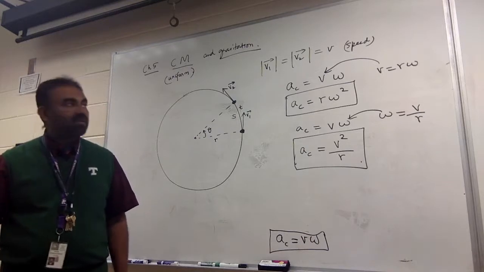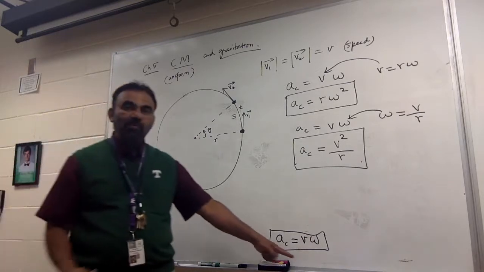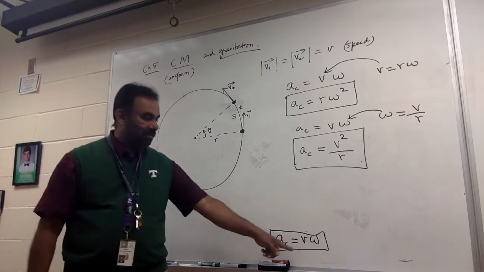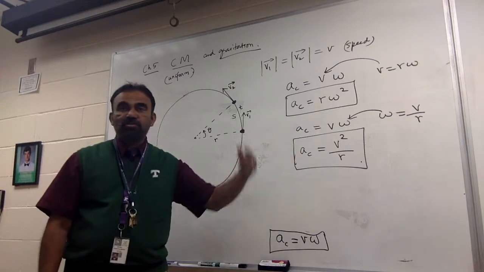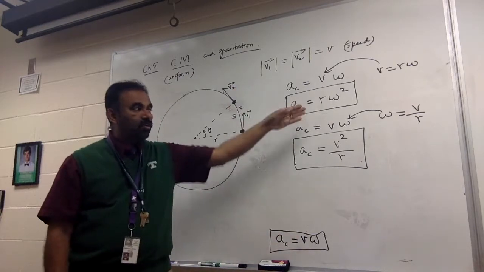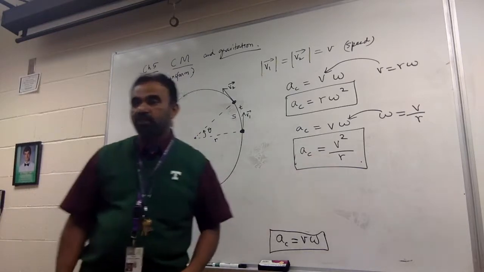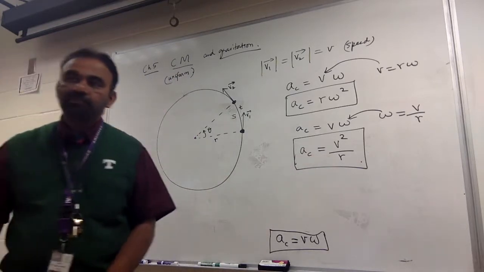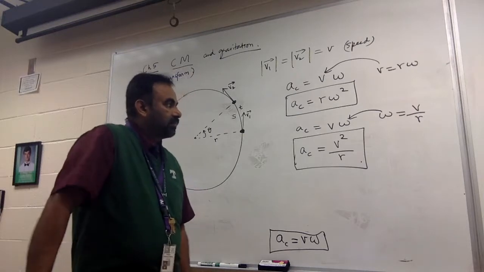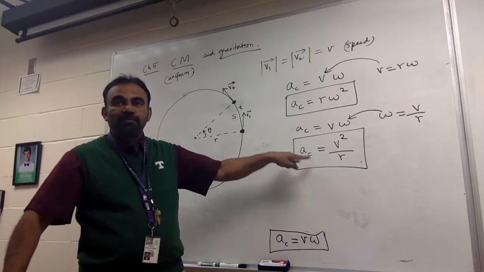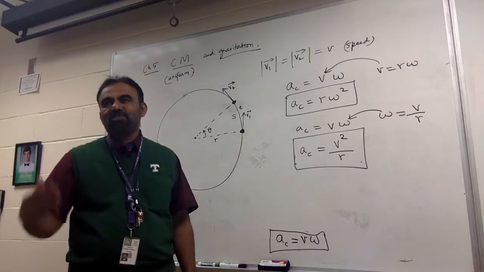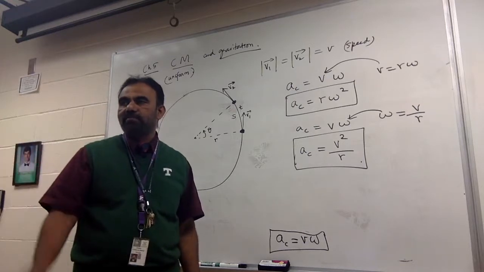So centripetal acceleration comes in three different equation formats. V omega, also centripetal acceleration. R omega squared is also centripetal acceleration. V squared over r is also centripetal acceleration. This is most commonly used, that one, because normally we talk about speeds, right?